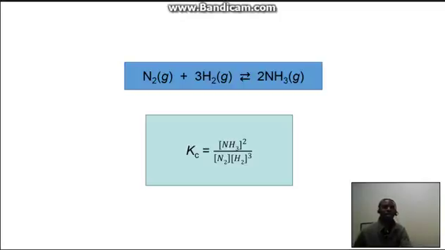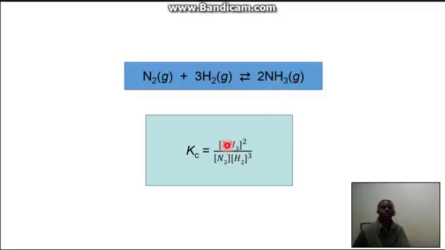Now, how do we write the Kc expression for that? As we said last time, the expression is given by the concentration of products to the exponent given by the coefficient. In this case, our coefficient is 2 and our product is ammonia.